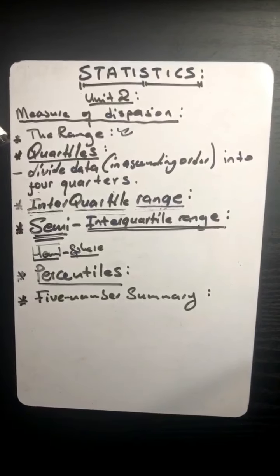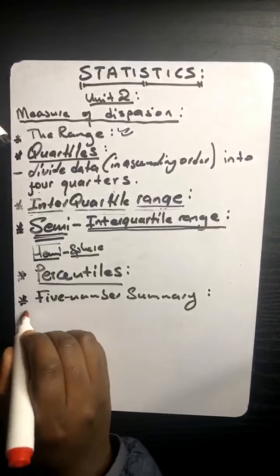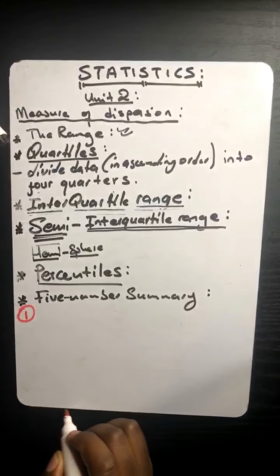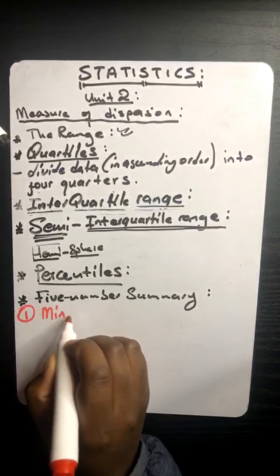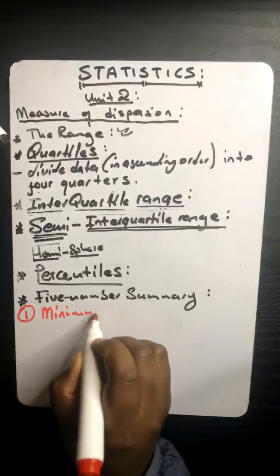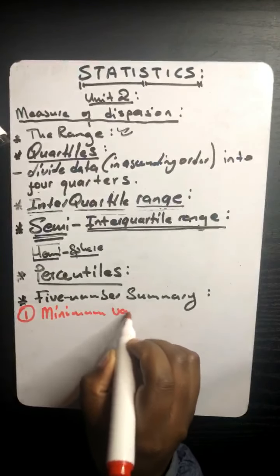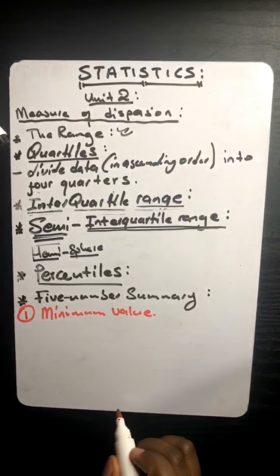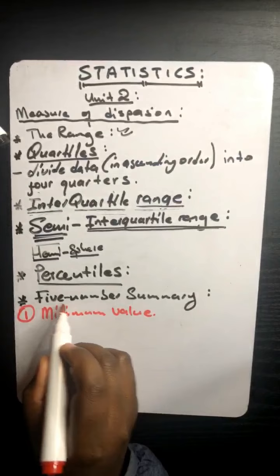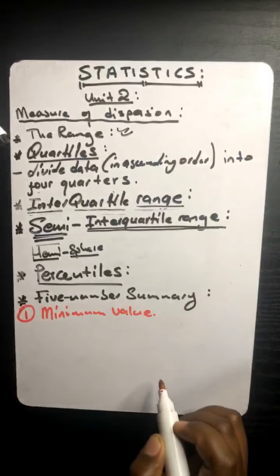Okay, number 1 is the minimum value. What is this list that I'm doing, guys? It is the 5-number summary.